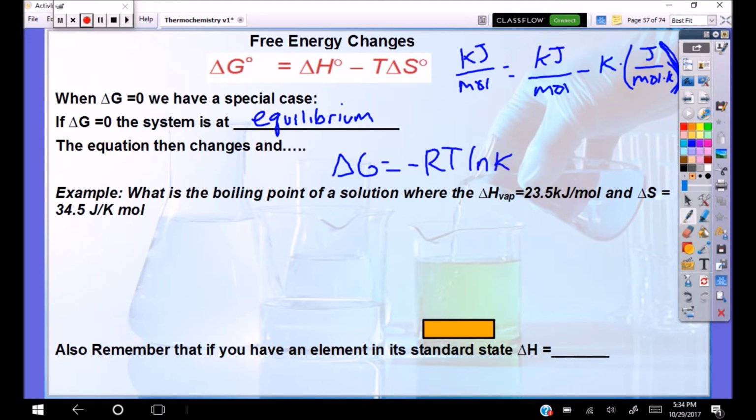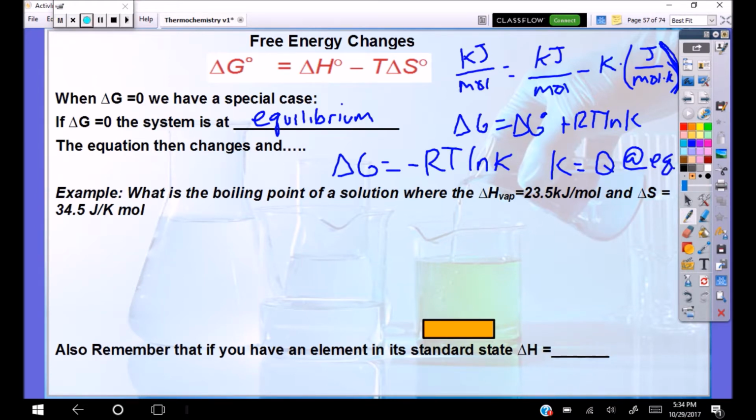The other form you'll see is that delta G is equal to delta G naught, which is at standard conditions, plus RT natural log of K, or of Q. Another reminder is that K is equal to Q at equilibrium, so EQ.